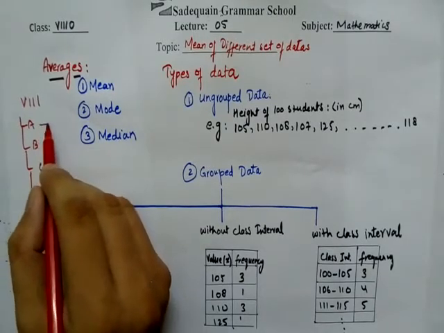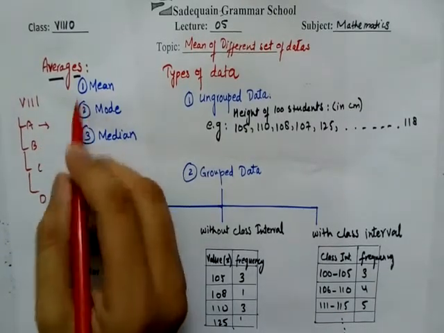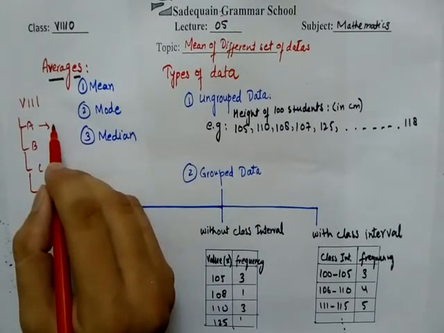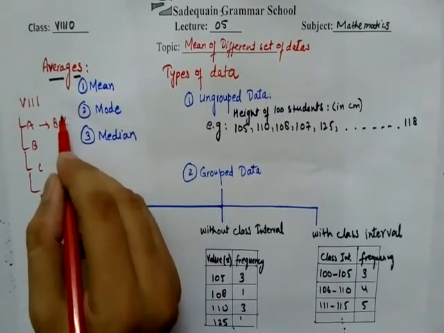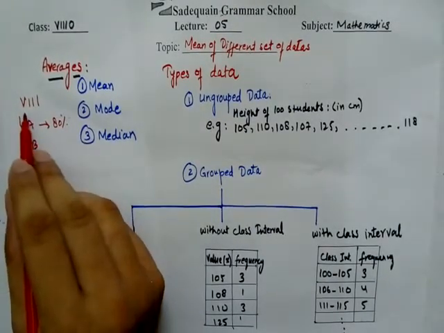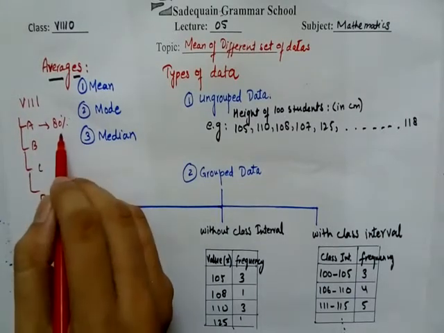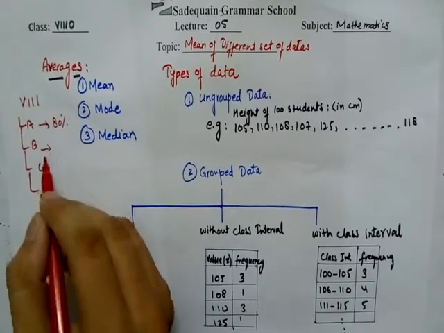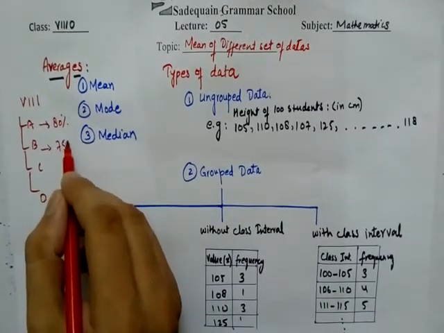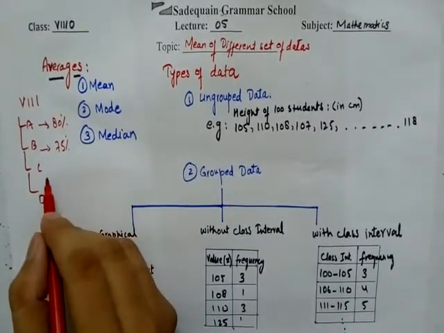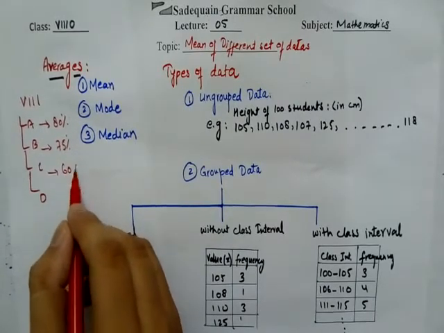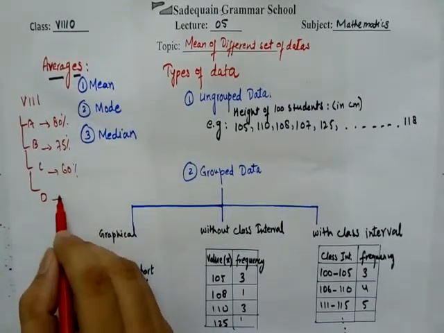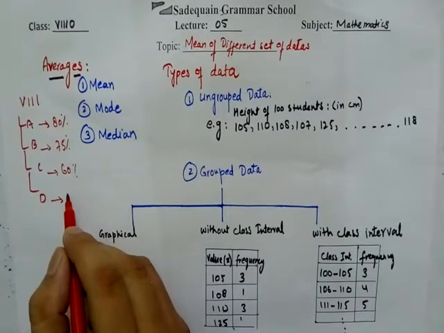After collecting the data for the maths midterm exam, I found out that, after applying certain averages, students in section 8A got an average of 80% marks. In section B, students got an average of 75%, in C 60%, and section D got 85%.